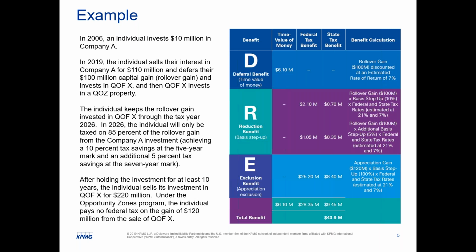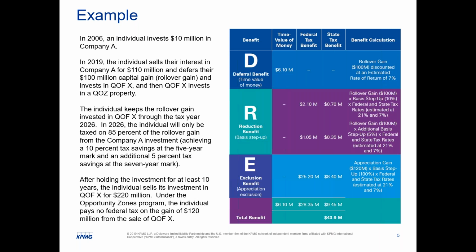And you'll see that that's in the purple. The upper blue is really the time value of money, but ultimately he will need to pay tax on the $100 million gain, but he doesn't pay it until 2026. Therefore, the time value of money, using an assumed interest rate here of 7%, gave him a $6 million benefit.